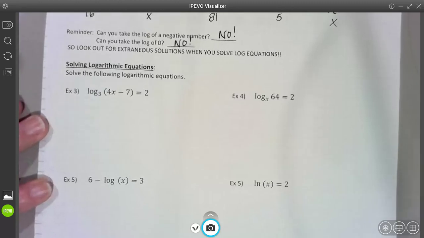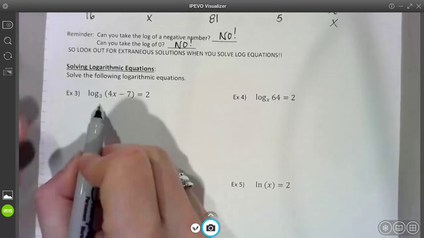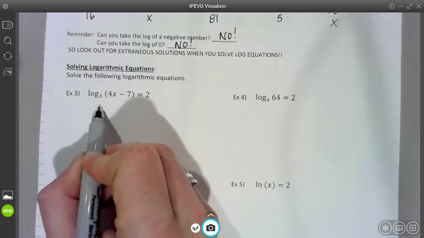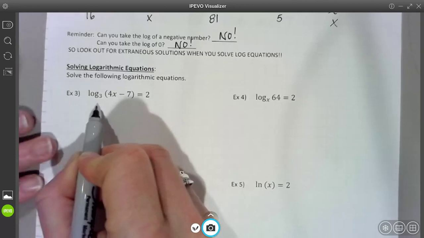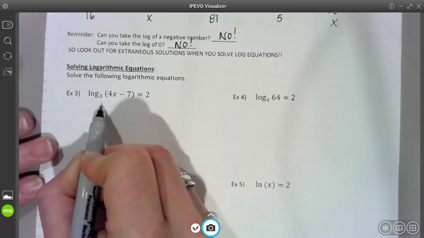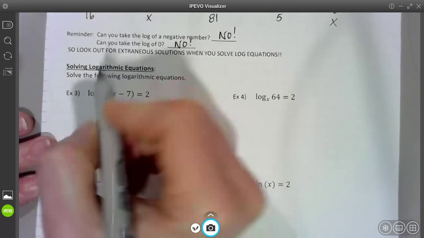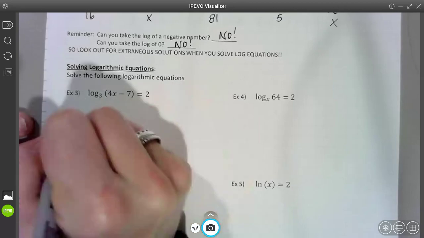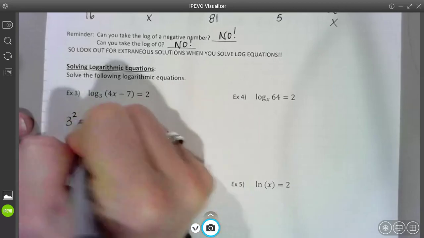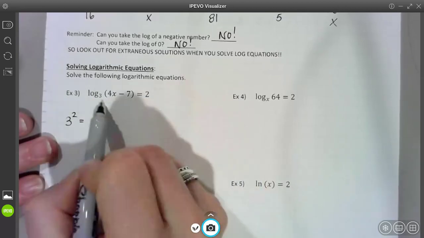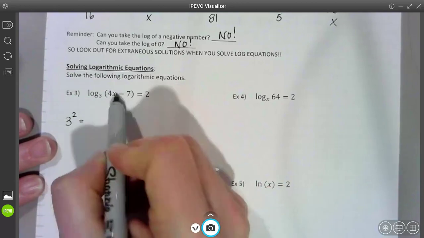So one thing you could do is, right now, I am not getting anywhere in log form. So you could use your log loop to rewrite this in exponential form. So what would your log loop say about this? It would say 3 squared equals that answer, right? Our log loop would say 3 to that power equals that answer.